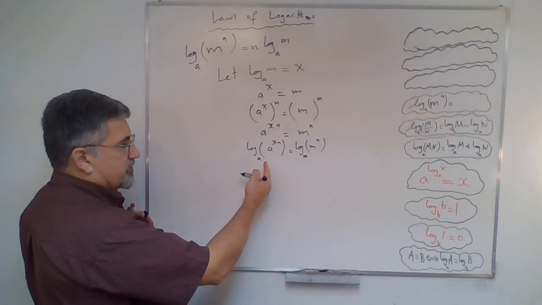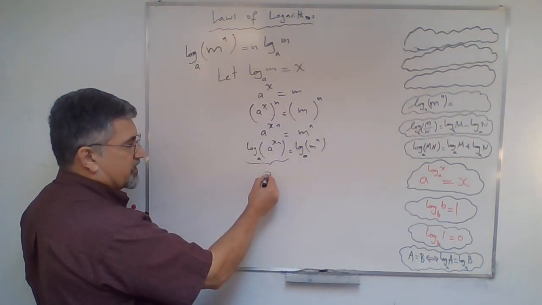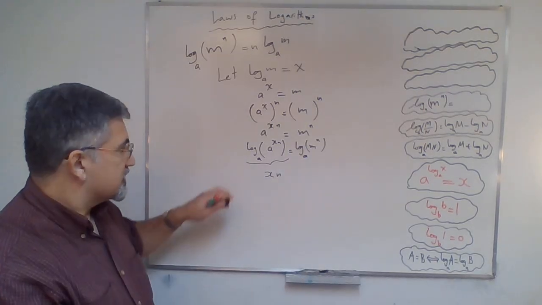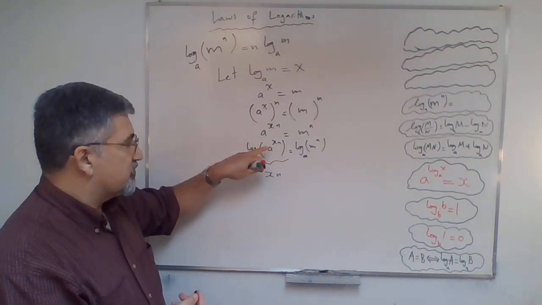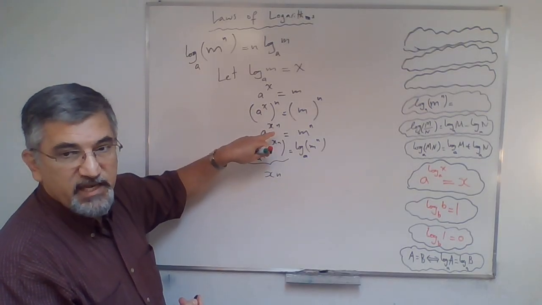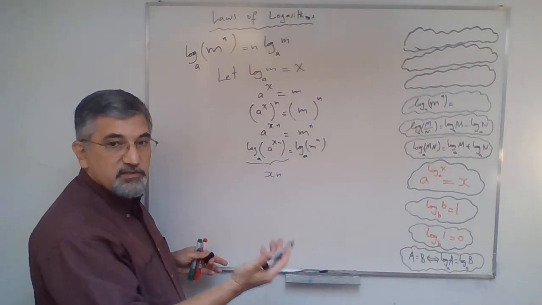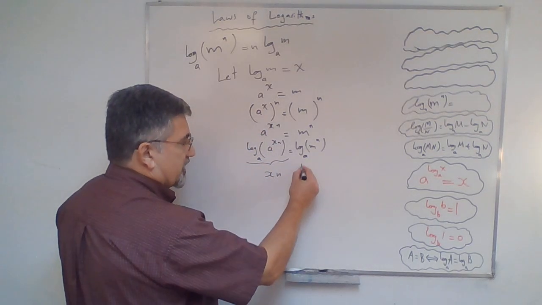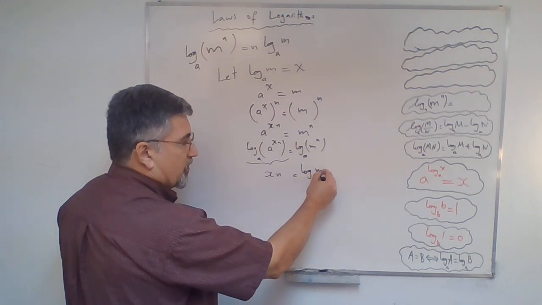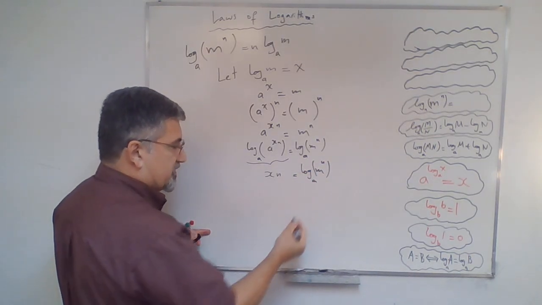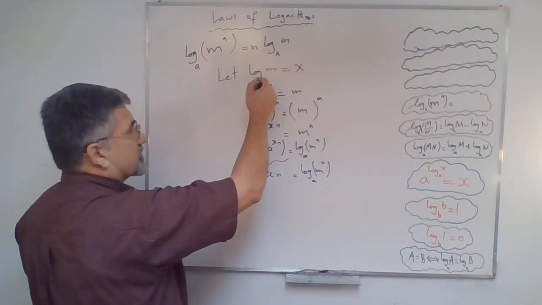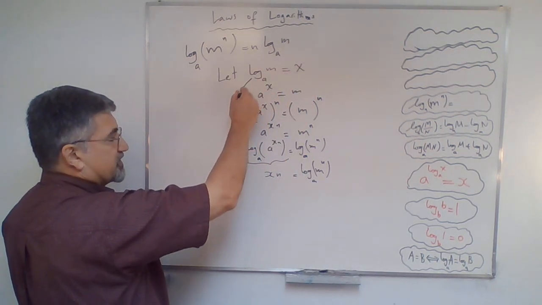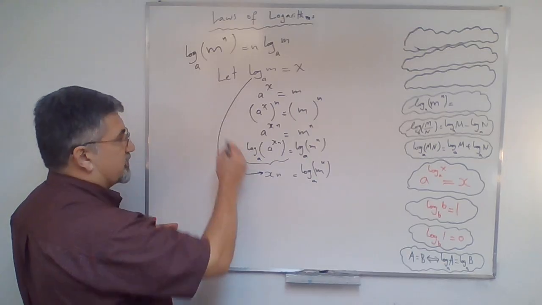We can say the left-hand side is actually x times n, because the base a raised to the exponent of xn will equal a to the exponent of xn. So that's applying the definition of logarithm. And on the right-hand side, we have log of m to the exponent of n. The base is a. Now let's not forget what x was. x was log of m base a, which I can substitute here.